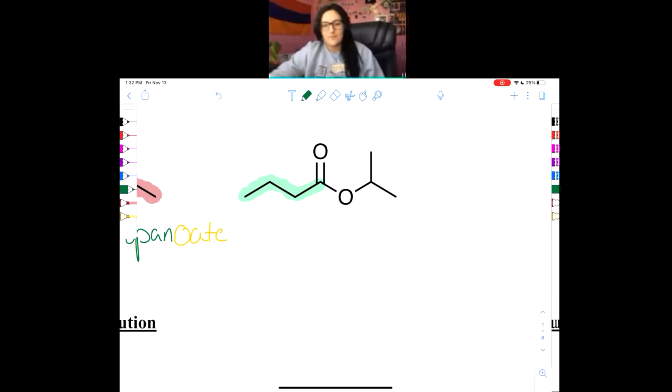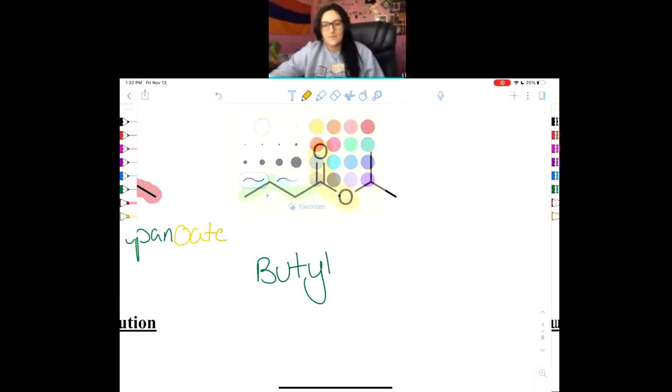So we're going to call this butyl. And the next chunk is the, I guess, ester functional group. So what is the suffix for that? -oate, perfect.